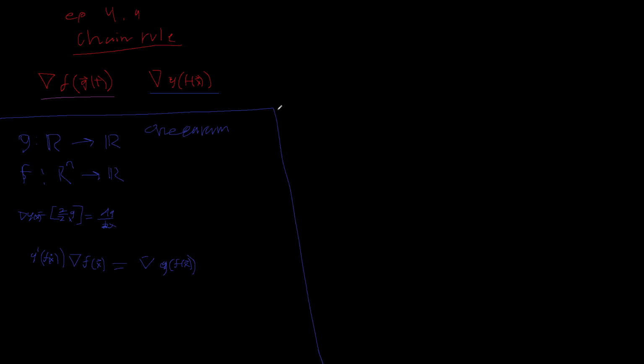This second part though is a little trickier, because here we have f of g of t, so I'm going to define g equal to x1 of t, x2 of t, dot dot dot.